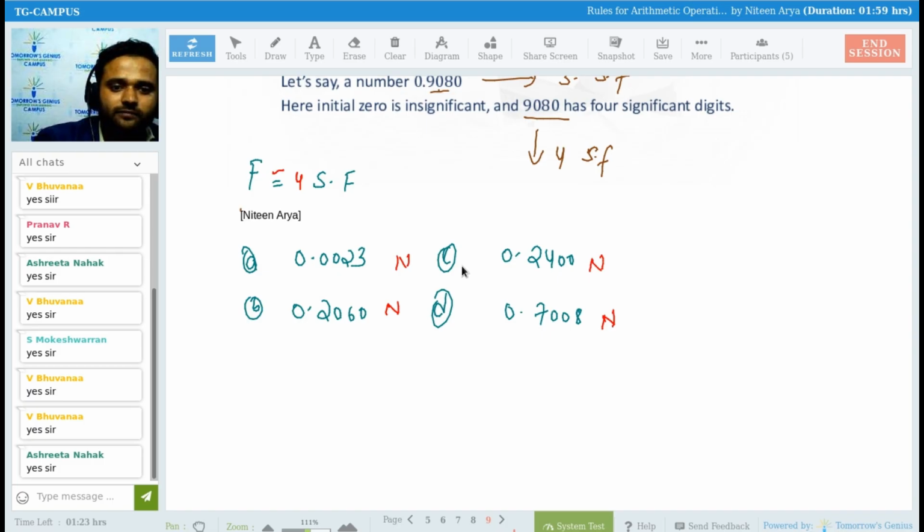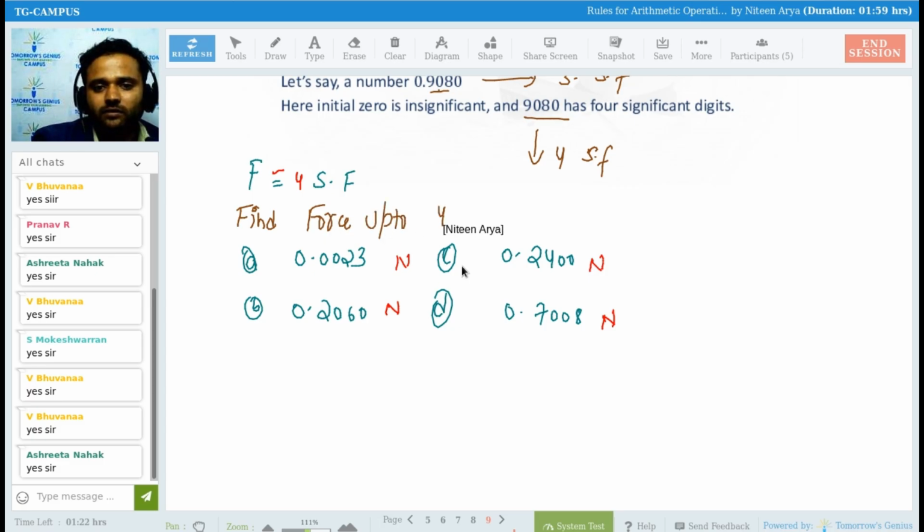Simple basic question. Direct even. Everyone, tell me which is the correct one.